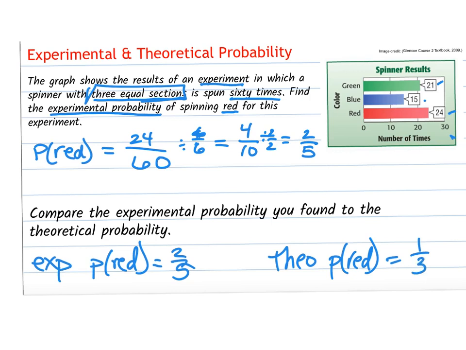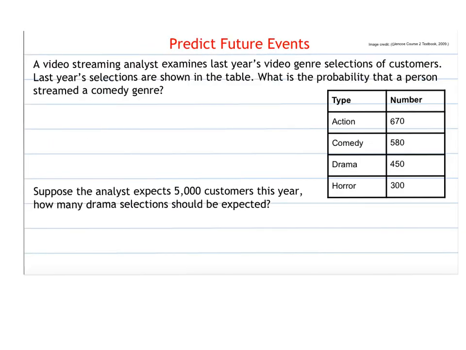So what we could say is the experimental probability happened slightly more frequently than what we would have expected in our theoretical of 1/3. So 40%, it happened slightly more than we would expect. So you can use probability to help you make predictions about future events. And obviously not an exact science, but again, it's prediction, it's probability, it's not always certain.